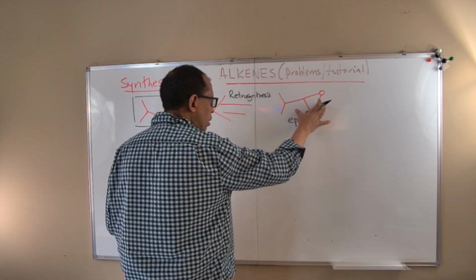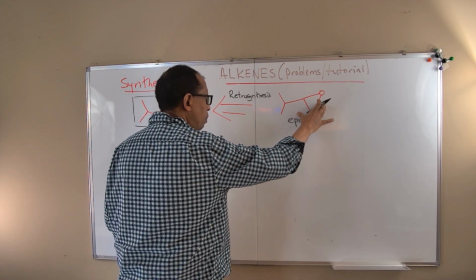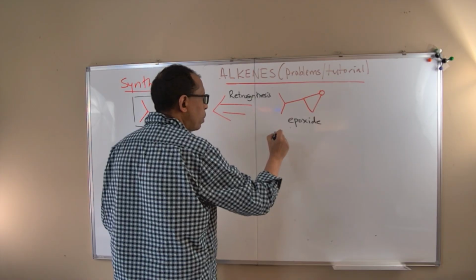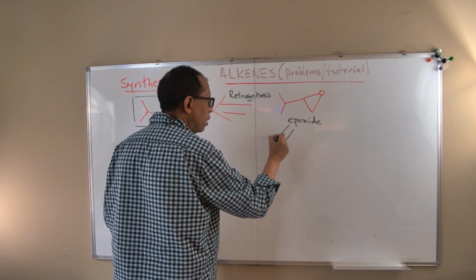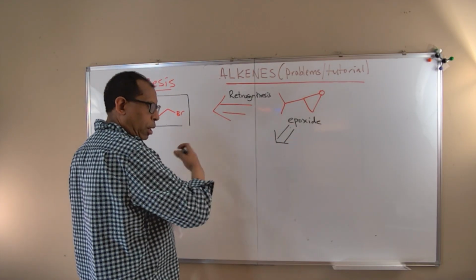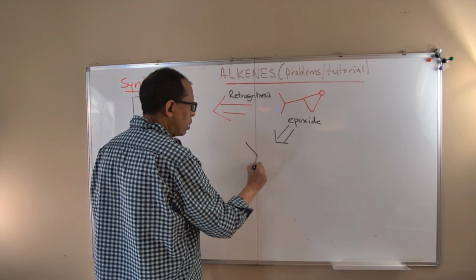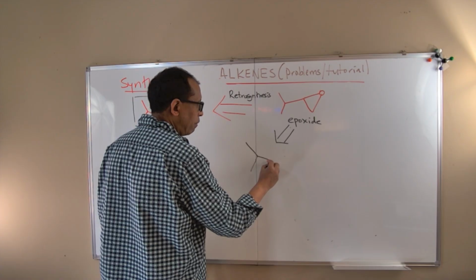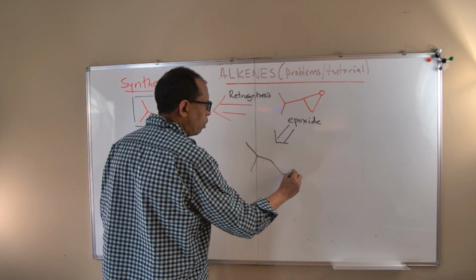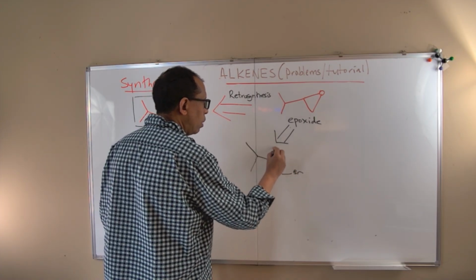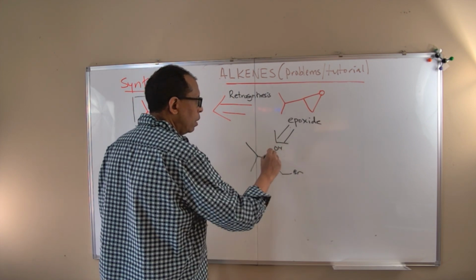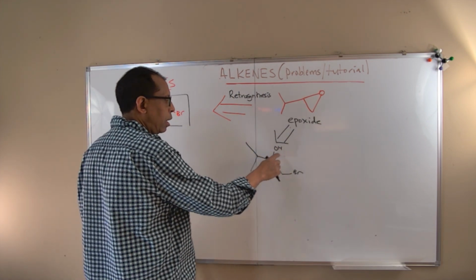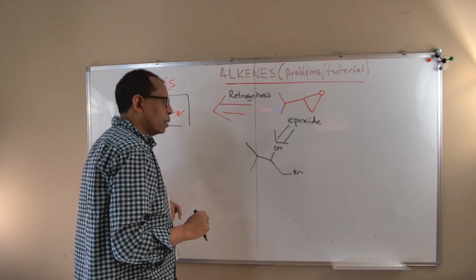This epoxide can be prepared retrosynthetically, this is backward. So I would just say, for example, if I have a bromo here and OH there, so that can close and make that epoxide, right?